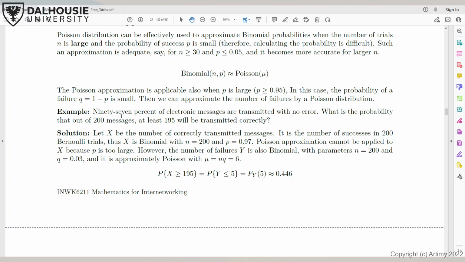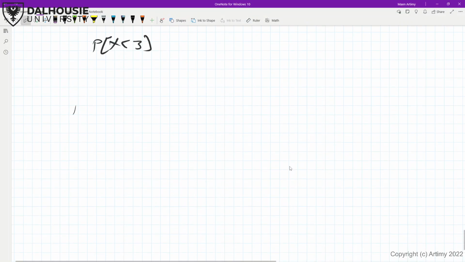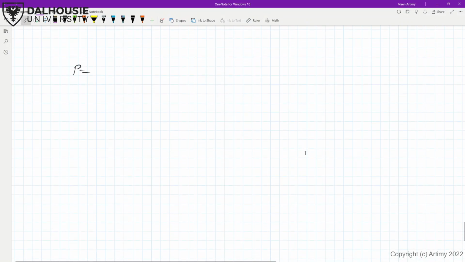But the challenge here is Poisson distribution works only if p is small, and p here is not small, it's 97%. So p is 0.97. So what should I do?